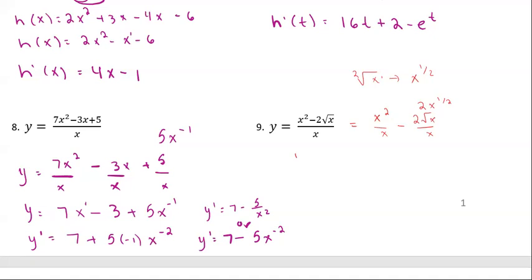If we simplify this a little bit more, x squared over x is just x. Then we have our 2 right here. We have x to the 1/2 over x to the 1. If we simplify that down, that will look like 2 over the square root of x, or you could say 2x to the negative 1/2. A lot of algebra there, so let me know if you got stuck.